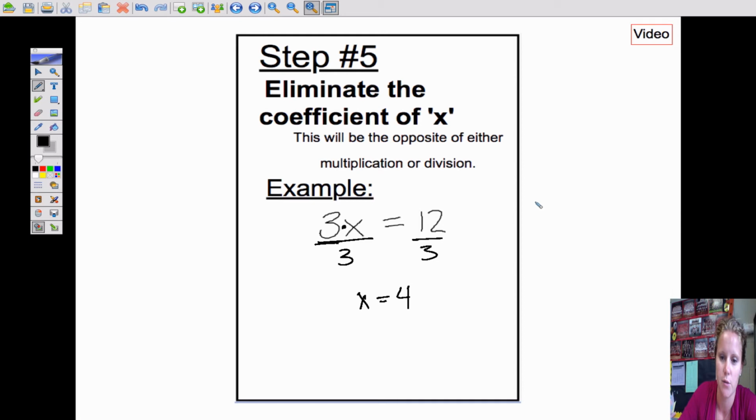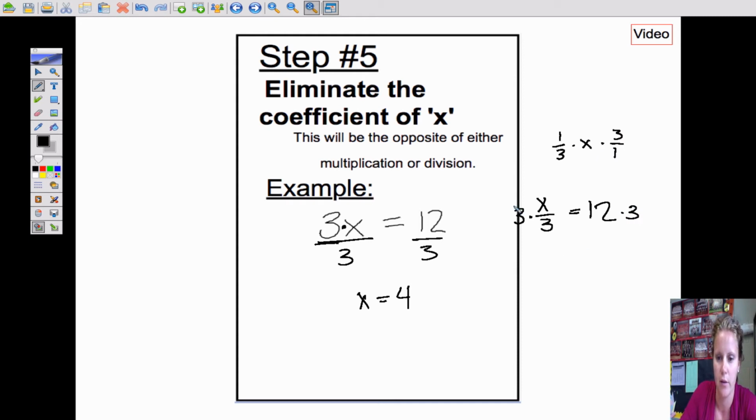If my equation is written like this, where x is already divided by 3, then my coefficient is actually 1/3, because that's 1/3 times x. It's just written as x over 3 because there's only one x on top. So to get rid of that, I'm going to multiply by 3 on both sides, or that's the same thing as multiplying by 3 over 1.